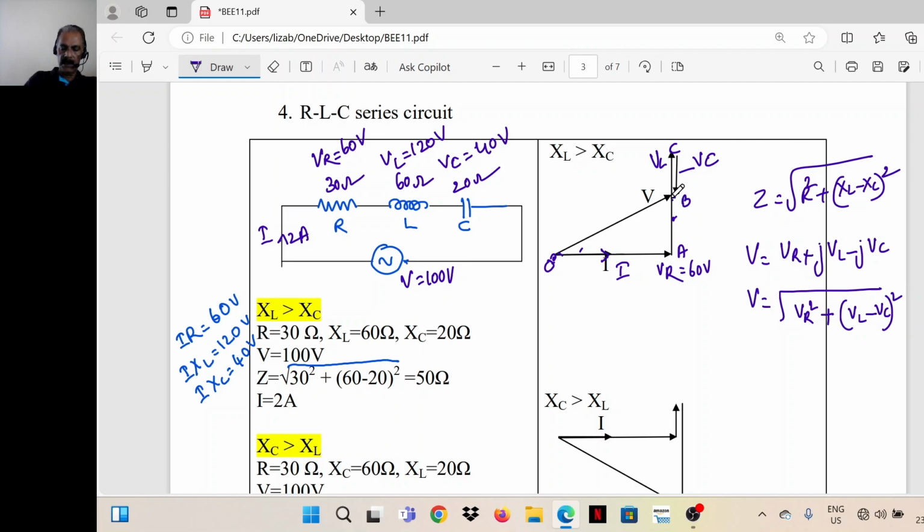VL minus VC is this length AB. So again, from this right angle triangle, V is equal to OB. OB is equal to square root of OA square plus AB square. So AB is equal to AC minus CB. AC is VL, CB is VC.